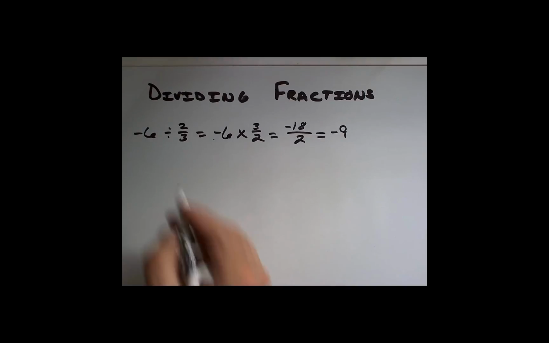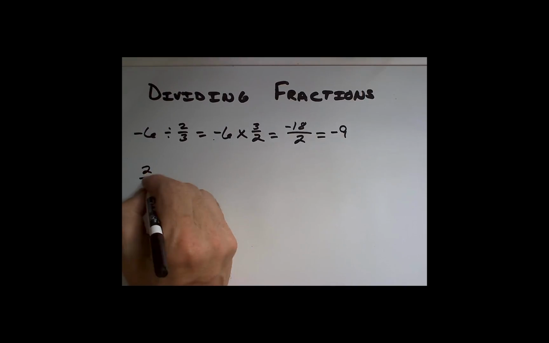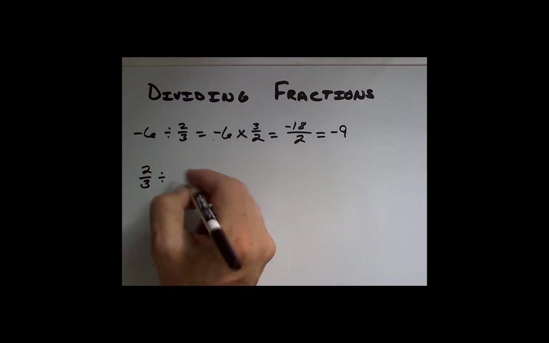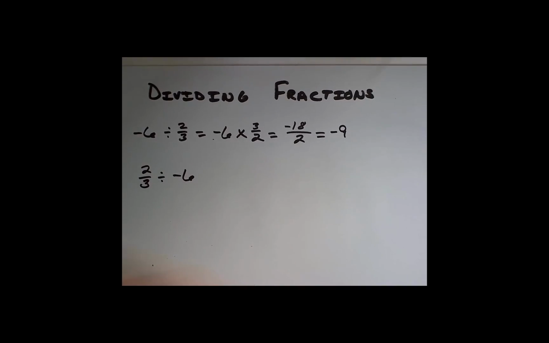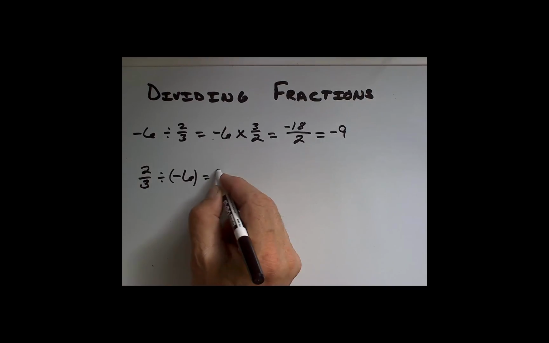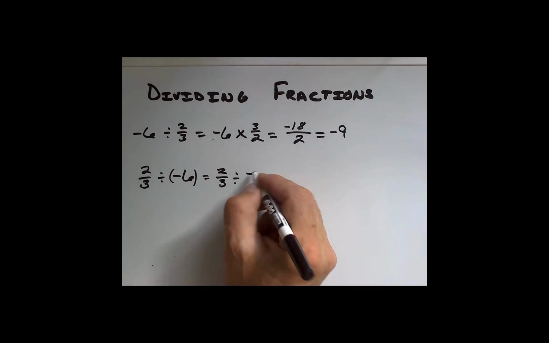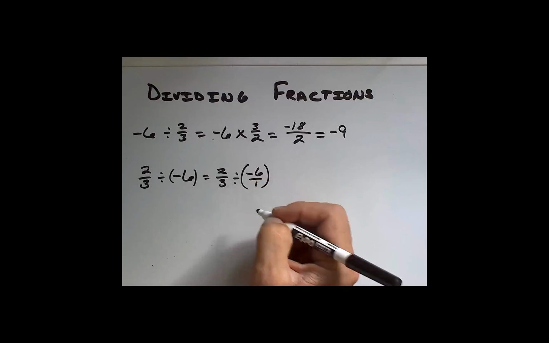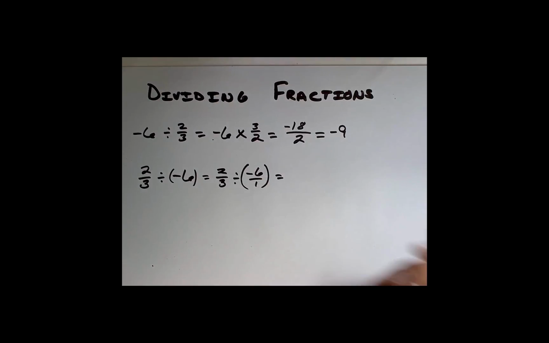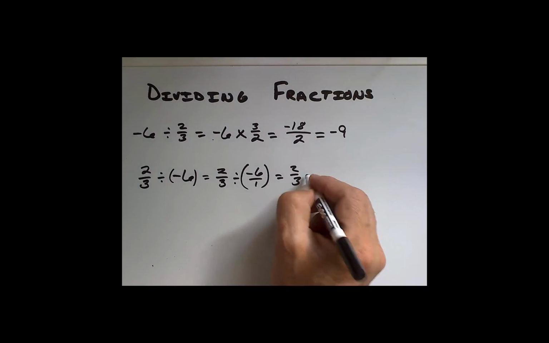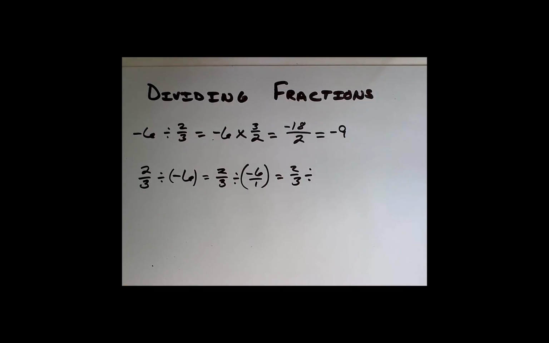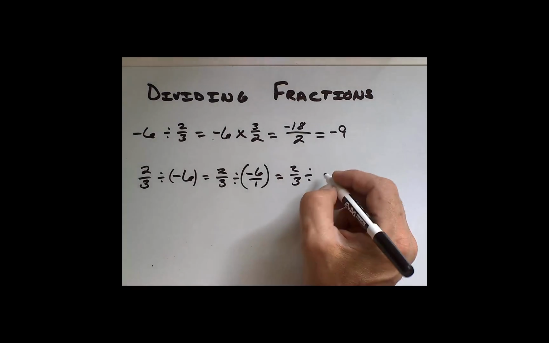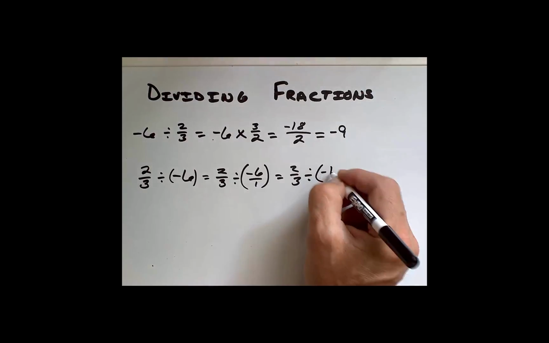What if we switch this around? What if we went 2/3 divided by -6? Remember, -6 can also be written as -6/1, so it's 2/3 divided by -6/1, or we can rewrite this as 2/3 times the reciprocal of -6/1, which would be -1/6.